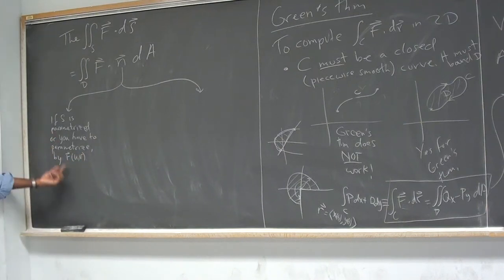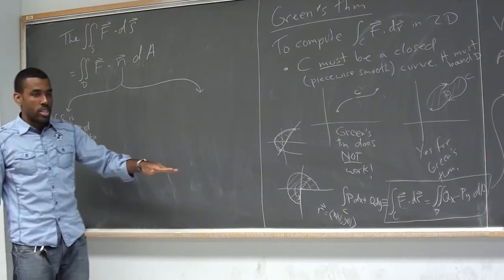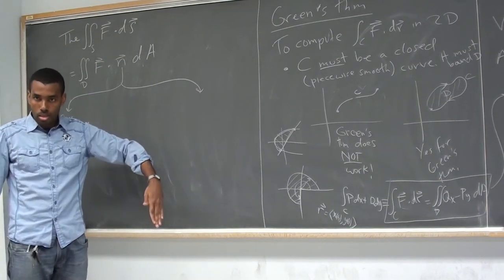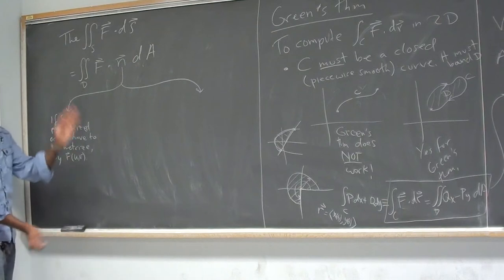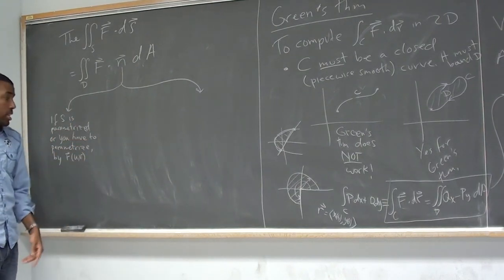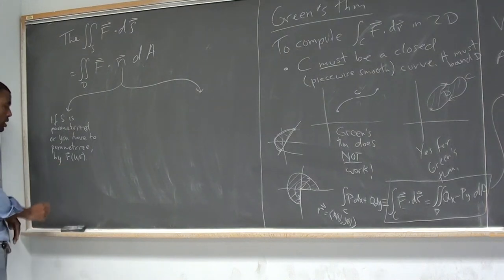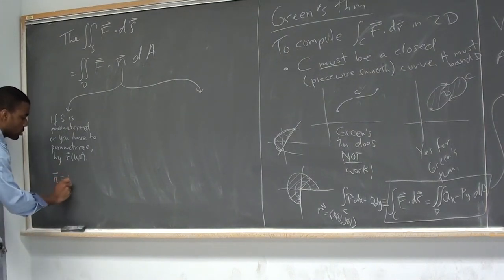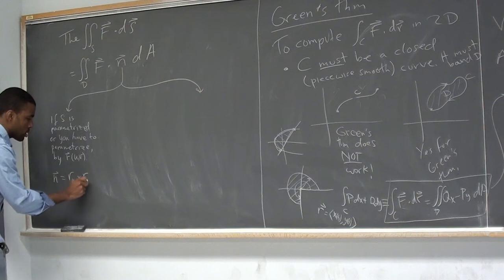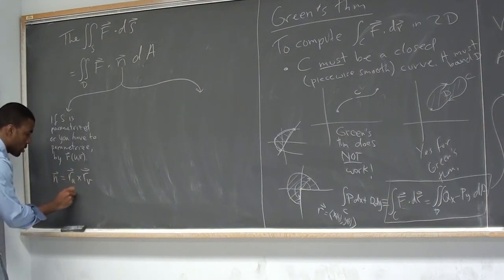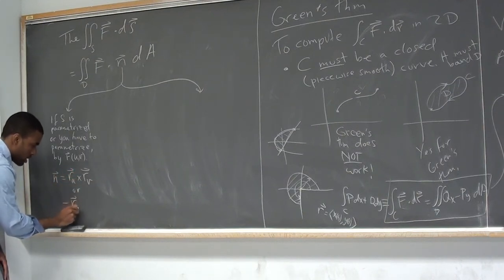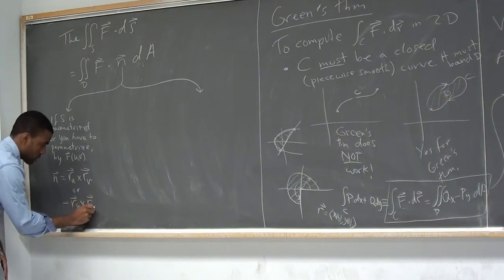Having to parameterize means your normal vector isn't pointing up or down, you can't tell, or it's pointing both up and down at different points in your region. Then it's more useful to parameterize. If it's given by this parameterization, then your n would be equal to r sub u cross r sub v, or the negative of that. You just have to check.